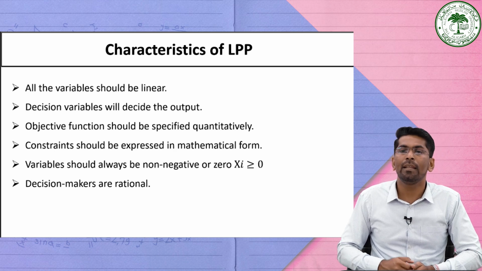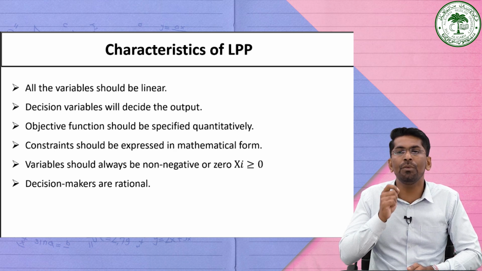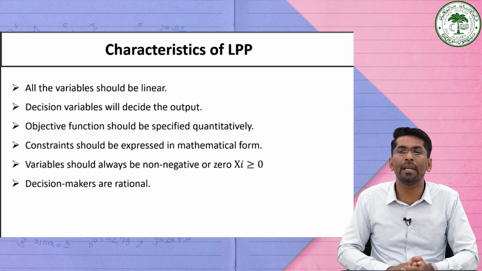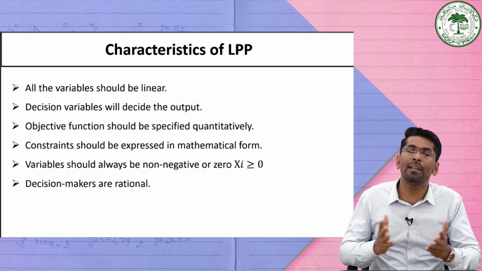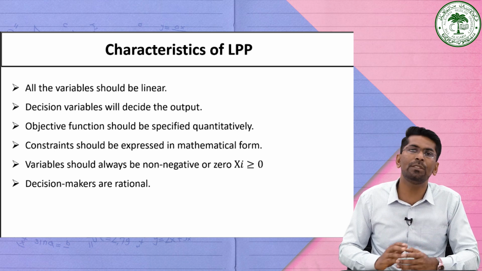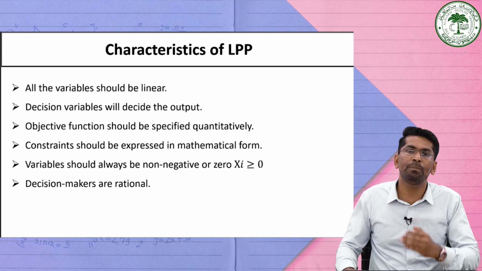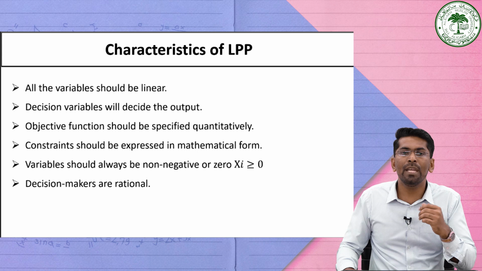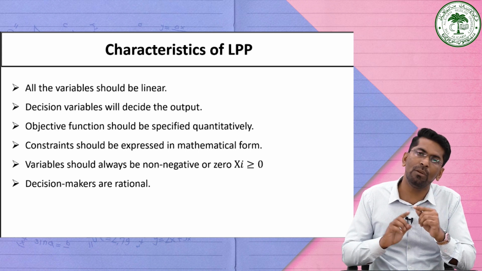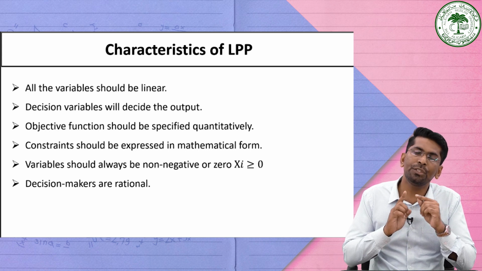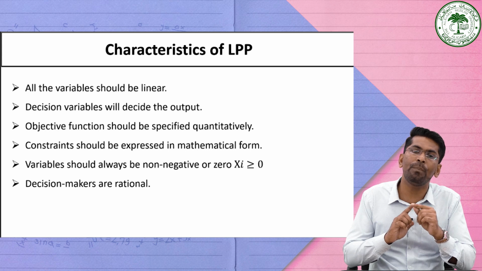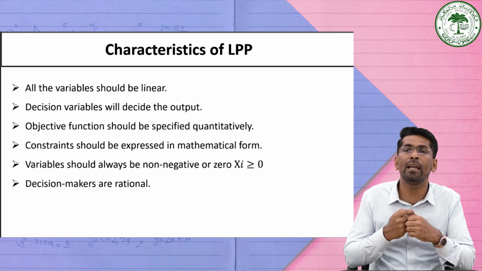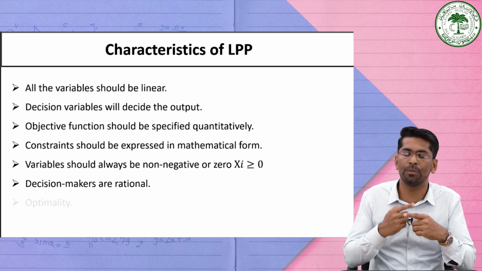It means they will choose the most favorable solution among all feasible alternative solutions. Feasible solutions are those that satisfy the constraints. Among those feasible solutions, the decision makers should choose the option that is optimal. In that way, we can say that decision makers are rational.